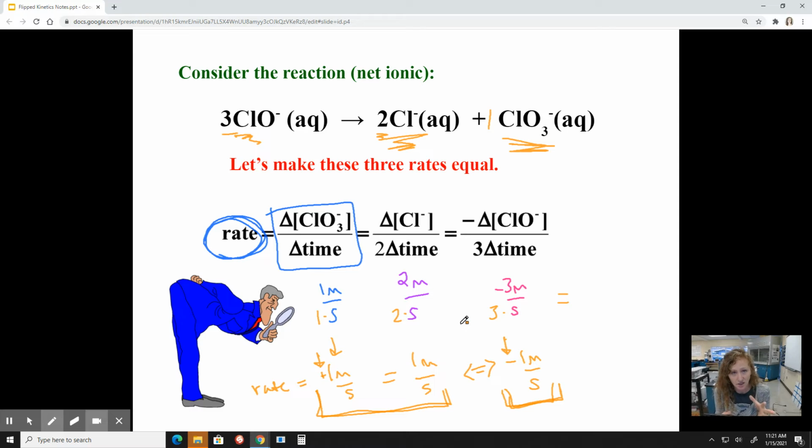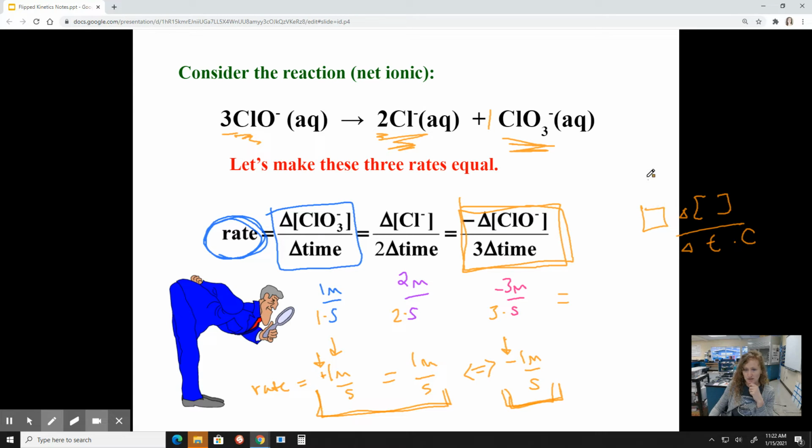So this is one way you can take your rate and make it more consistent. You define the rate in terms of concentration per time, and then you divide by the coefficient. So concentration change per change in time times the coefficient. And then remember, you need a sign that tells you, is it going to appear or disappear? And that can equal an overall rate for your equation that's a little bit more consistent and not quite as variable depending on the molecule that we're looking at.